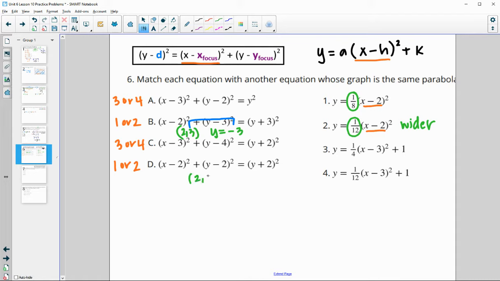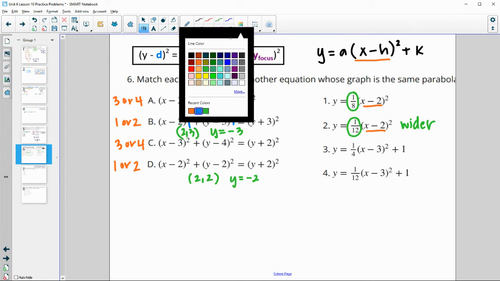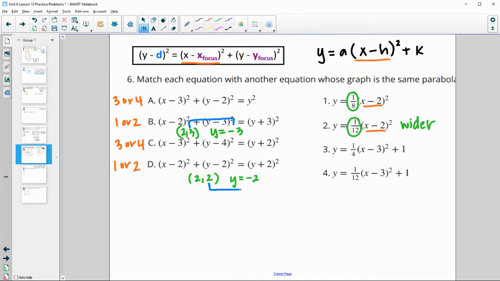The focus is the point (2, 2), and the directrix is the line y equals -2 from right here. So how far is this one away from the directrix? This one is 4 units away versus this one's 6. So B is actually wider. So B must go with 2 and D must go with 1.